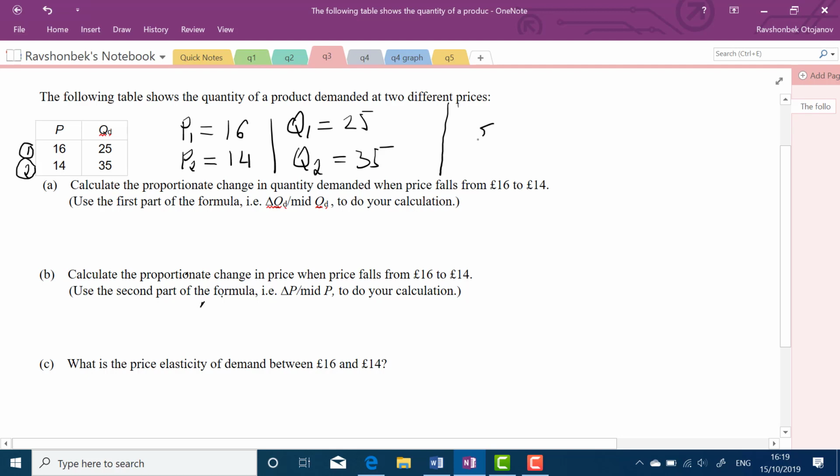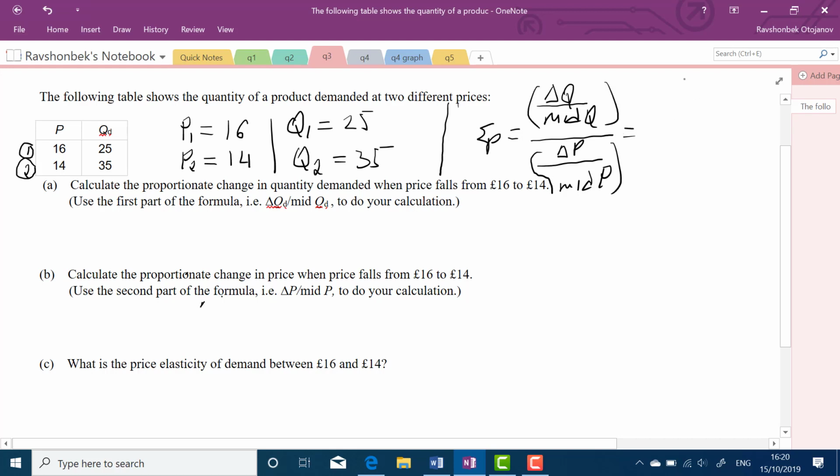So basically, price elasticity of demand, with the ARC method or midpoint method, is delta Q over mid Q, over delta P over mid P, right?